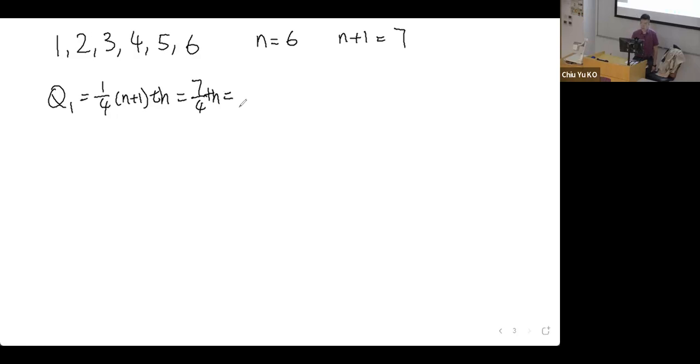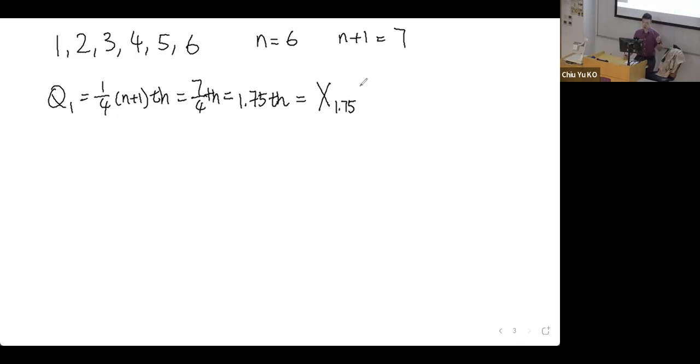7/4, if you convert it, is 1 3/4, so it's 1.75. To write it properly, it's x 1.75. This is the notation we're using. And 1.75 is what? You start from 1 and go 3/4 of the distance between the two.